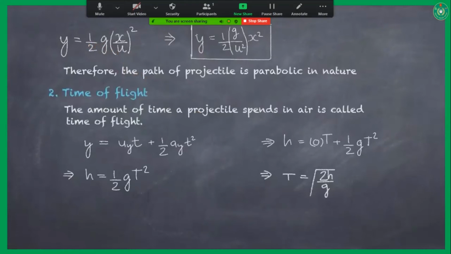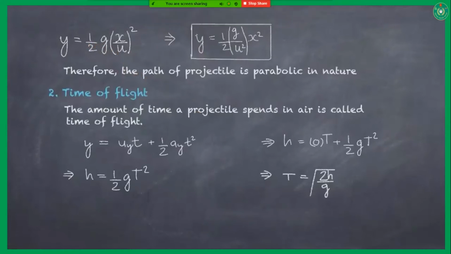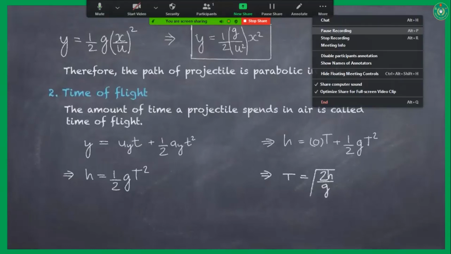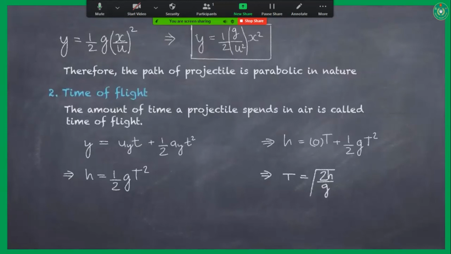In the case of horizontally projected projectile motion, we get a different equation for time of flight. Let's see what our time of flight is. My dear boys, the amount of time a projectile spends in air is called time of flight.